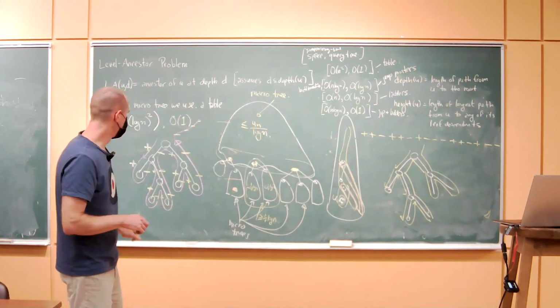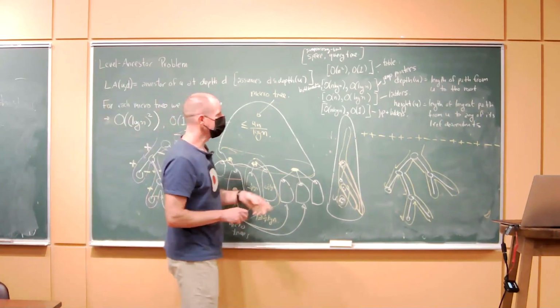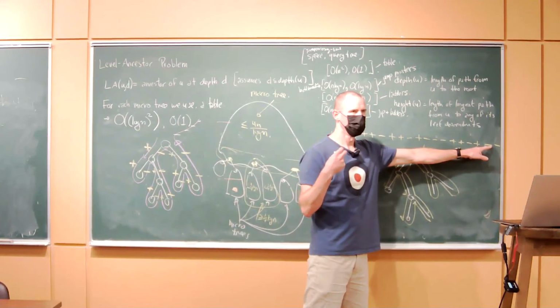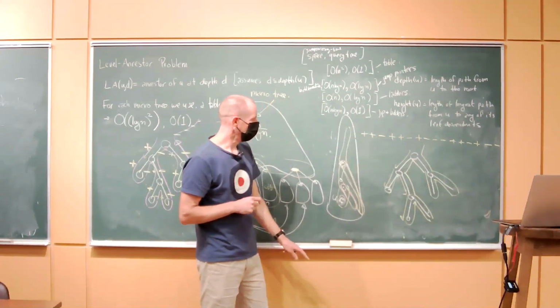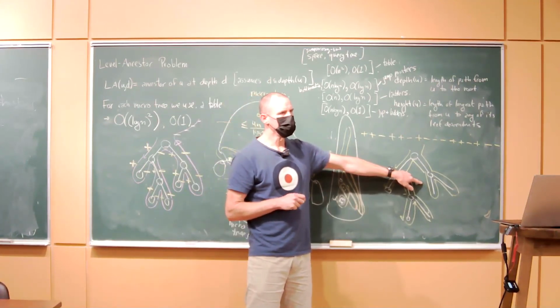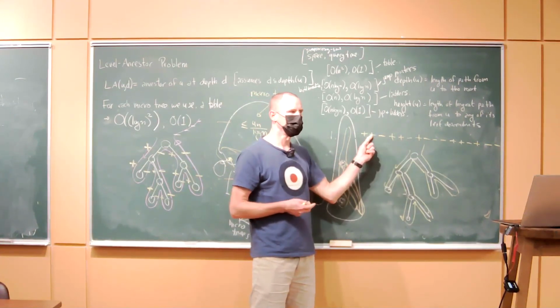So from this sequence of pluses and minuses, which has length 2 times 1/4 log n, we can reconstruct a tree, which means that the number of different trees is not more than the number of different sequences.